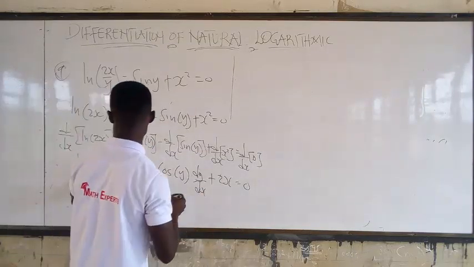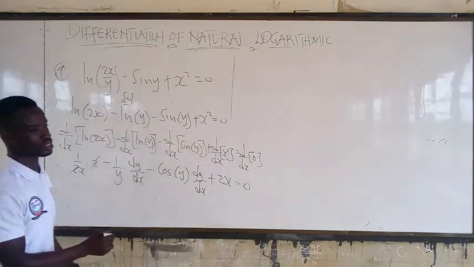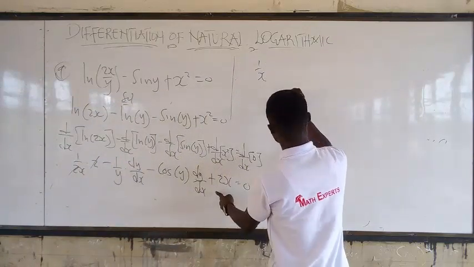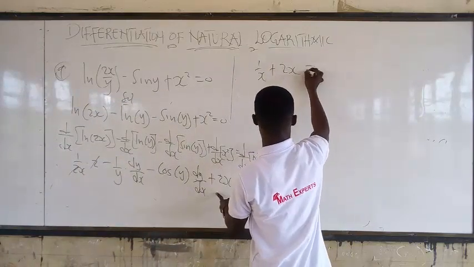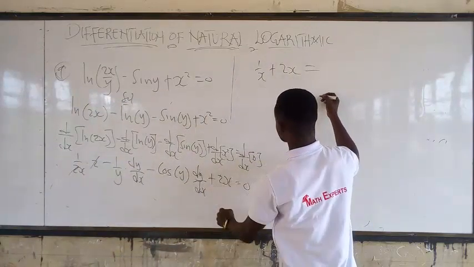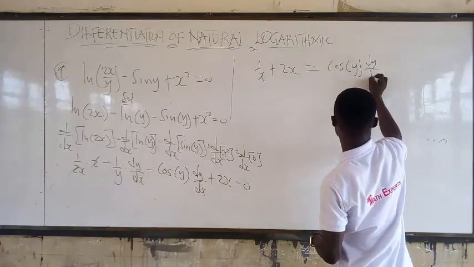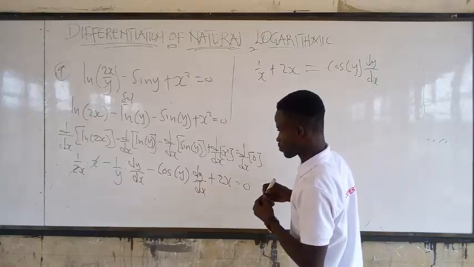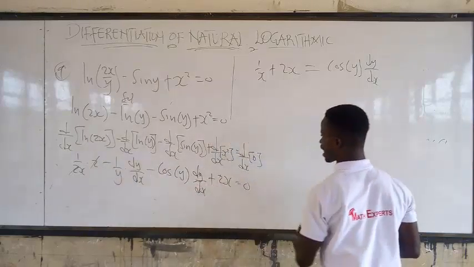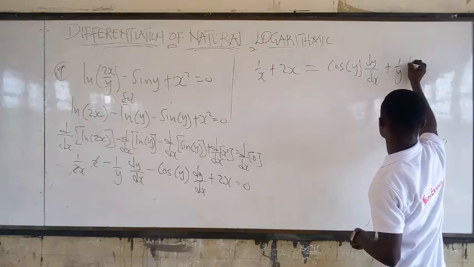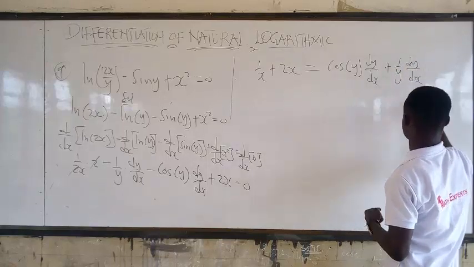So we are left with 1 over x here, plus 2x, is equal to, send this one here, you get cos y dy/dx. Then send this one to this side, you get plus 1 over y dy/dx.